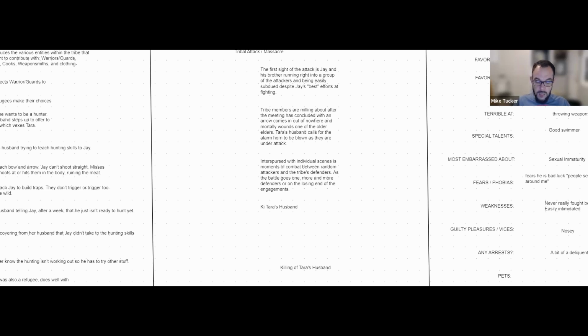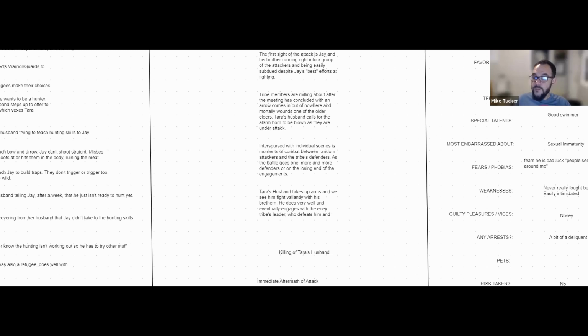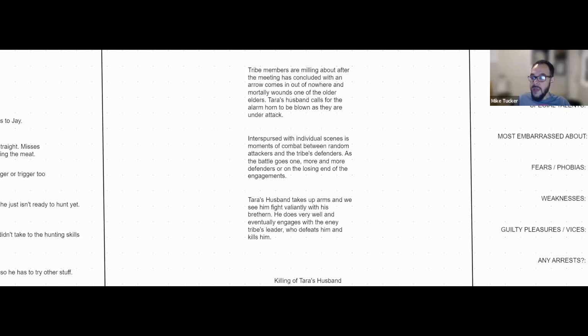This Tara's husband takes arms, and we see him valiantly fighting the enemy tribe's leader. Spell that. Still misspelled it, but close enough.